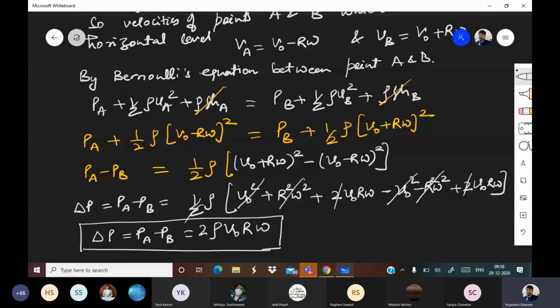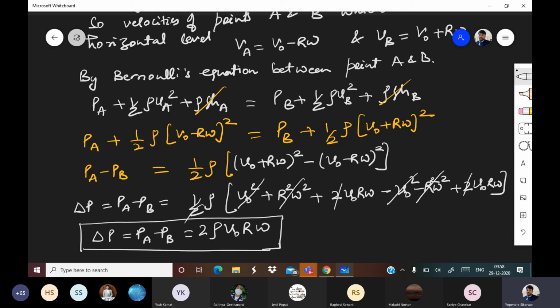So this is the answer. Basically, what you can see is that at the time of throw, if the bowler gives a little bit of omega on one side, that creates a scope for pressure difference to be created. And as pressure difference is created, listen very carefully, there will be extra pressure on the A side here, and lower pressure on the B side.